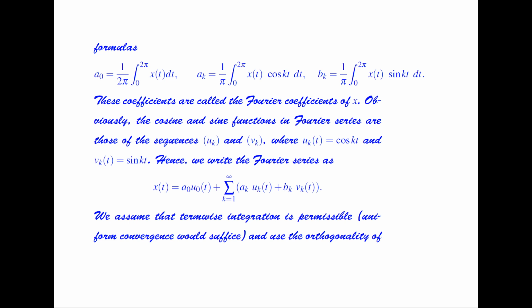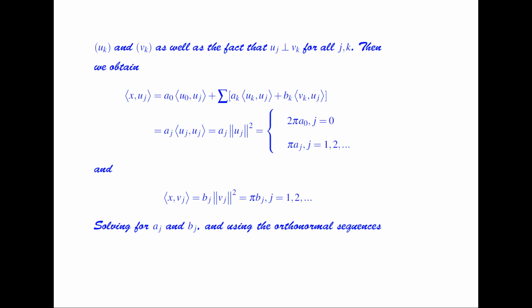Hence we write the Fourier series of x(t) as a naught u naught(t) plus the summation of ak uk(t) plus bk vk(t). So we assume that term-wise integration is permissible and we have uniform convergence, and use the orthogonality of the uk and vk as well as the fact that uj is perpendicular to vk for all j and k.